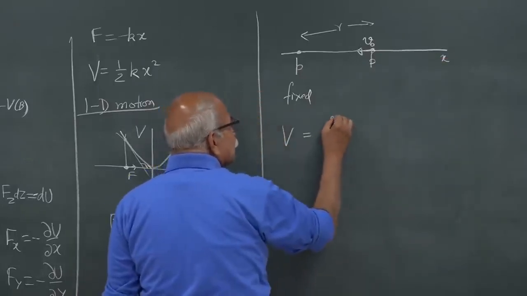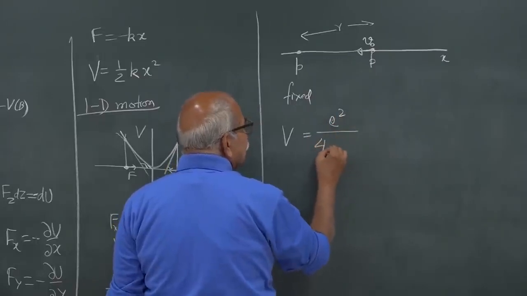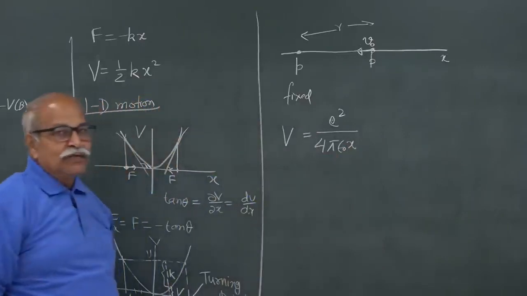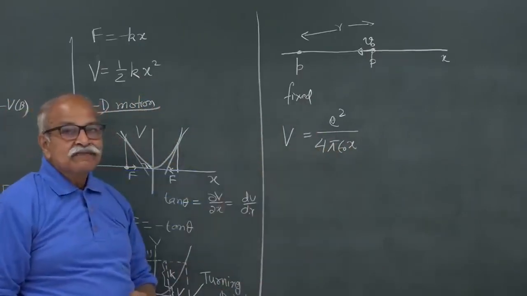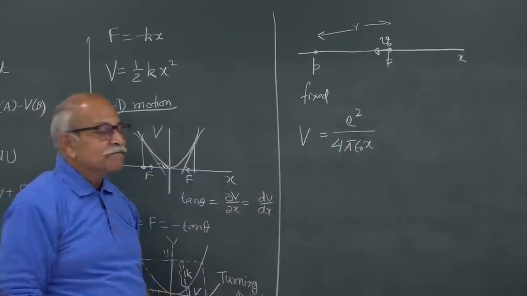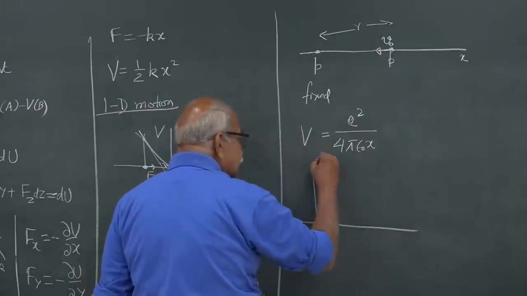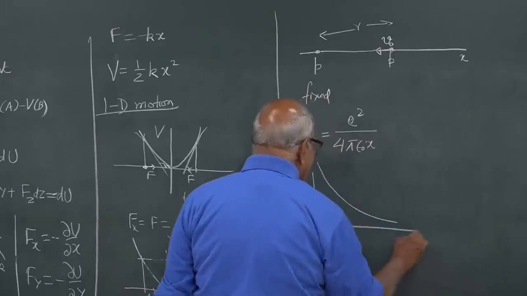So, V will be q1 q2 by 4 pi epsilon naught x, positive, both are protons. This is the potential energy as a function of x. If you plot, what happens? It will be a hyperbolic curve.